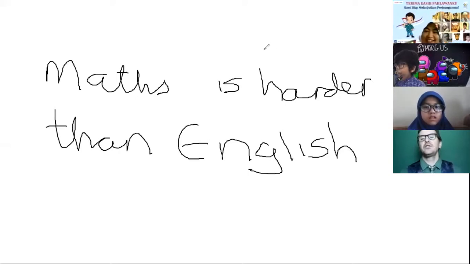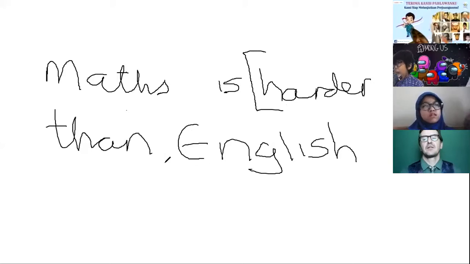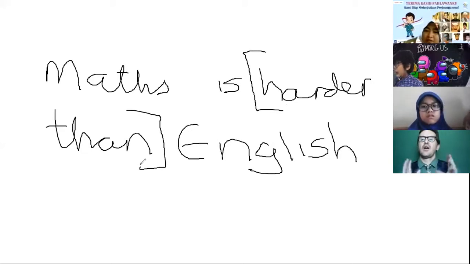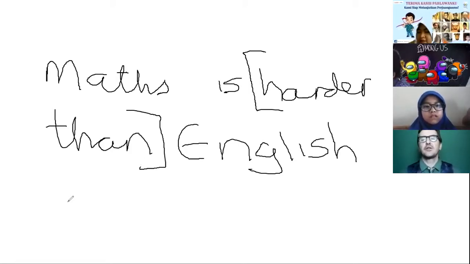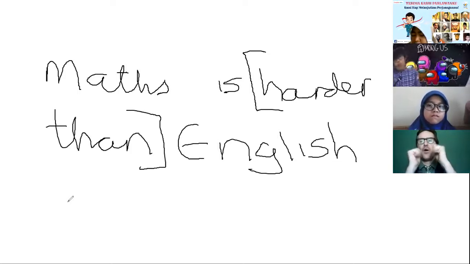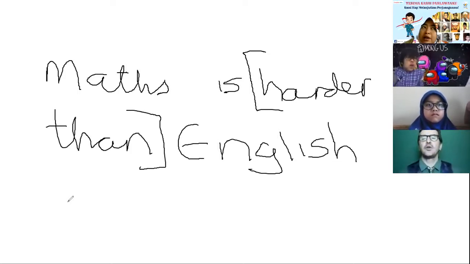So I want you to focus on from there to there: harder than. So maths is harder than English. So what are we trying to do? We have maths and we have English.